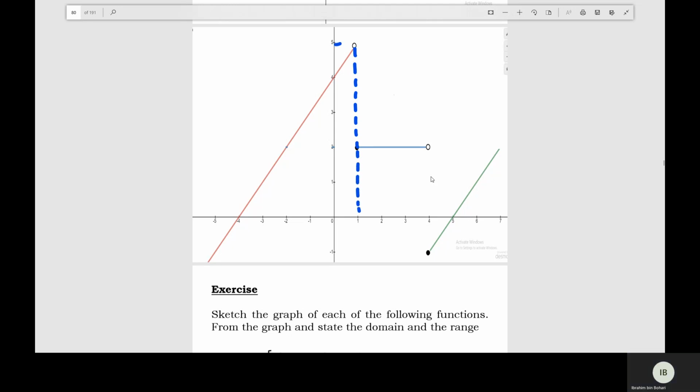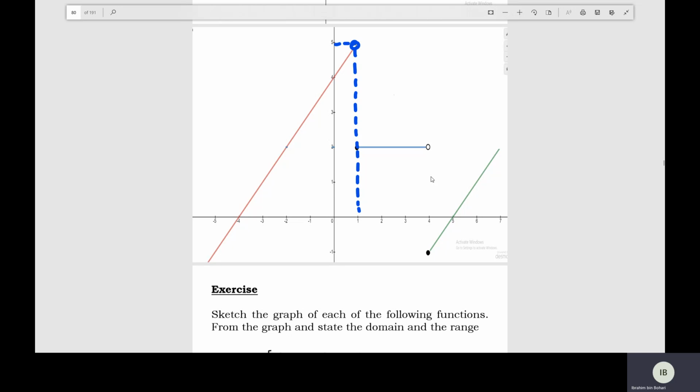You combine all the functions. So first, when x is less than 1, you put the empty circle. So you label the x-intercept and the y-intercept of the function. X-intercept is negative 4, and the y-intercept equals 4.